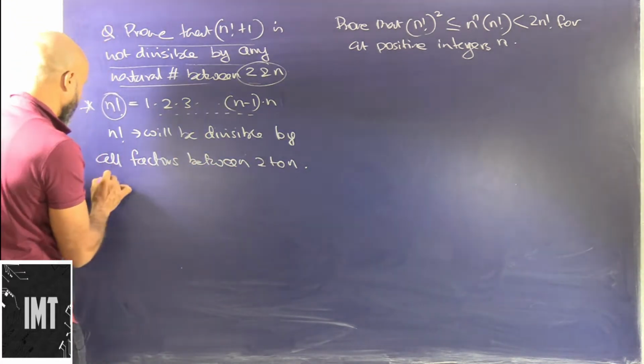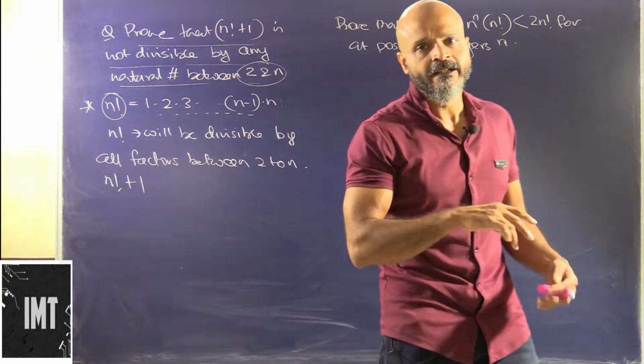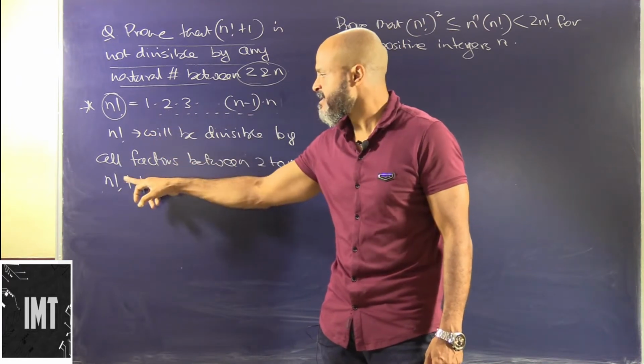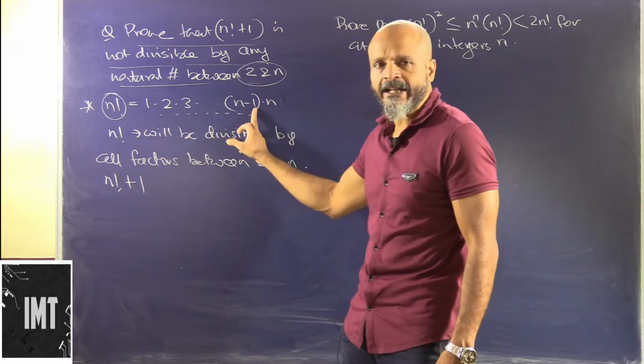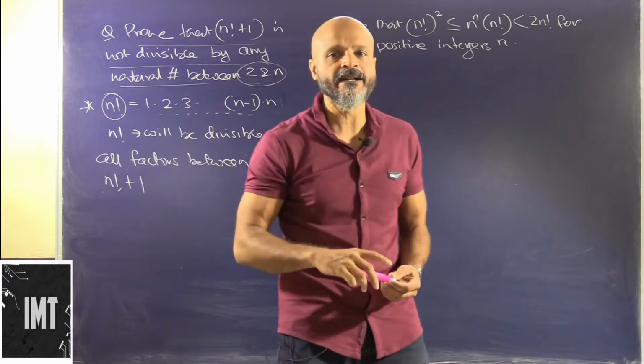Now if I happen to add 1 to get factorial n plus 1, and I divide factorial n plus 1 by any of these factors 2, 3, 4, since factorial n is completely divisible by any of these factors, dividing by any of these factors will leave a remainder of 1.